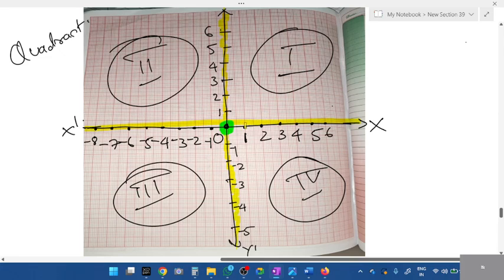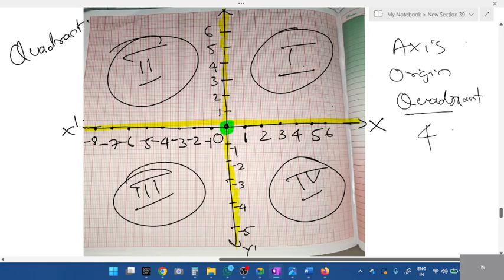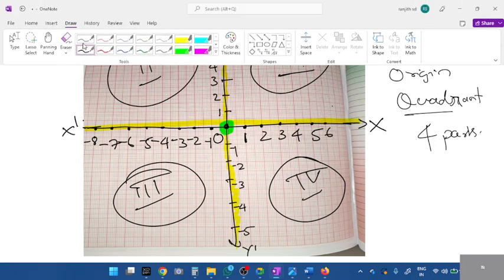The green point is known as origin. Apart from that, the other space, the first, second, third, fourth, are called quadrants. So remember these three things: axis, origin, quadrant. Quad is 4. This graph is divided into 4 parts.